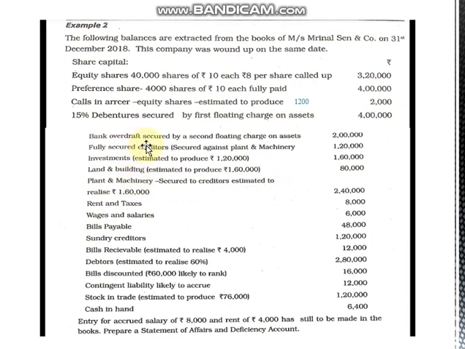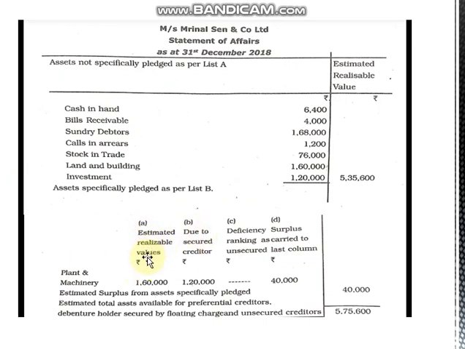The amount to be paid to creditors is 1,20,000 rupees, and the realizable amount of plant and machinery is 1,60,000 rupees. So the estimated realizable value is 1,60,000 rupees, the amount to be paid to creditors is 1,20,000 rupees, so you will get the surplus of 40,000. This is the estimated surplus from assets specifically pledged, which we have found now.